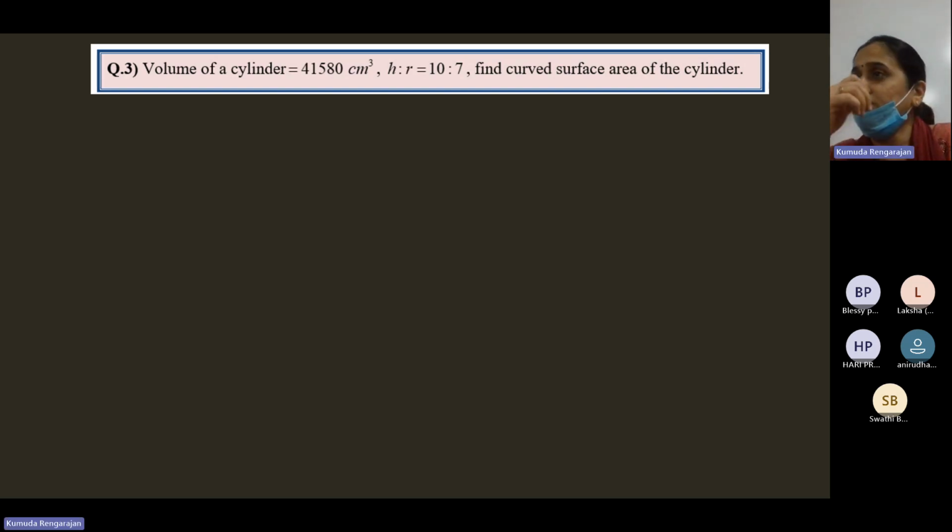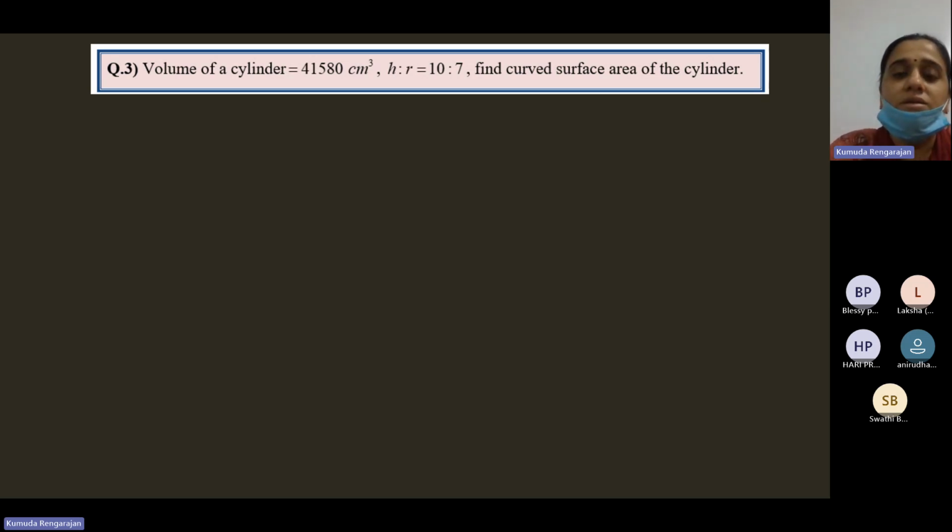You have found the height and radius? No? Okay, so you have taken the height as 10x and radius as 7x. Okay, so you've used the formula pi r square h is equal to 41580, correct?